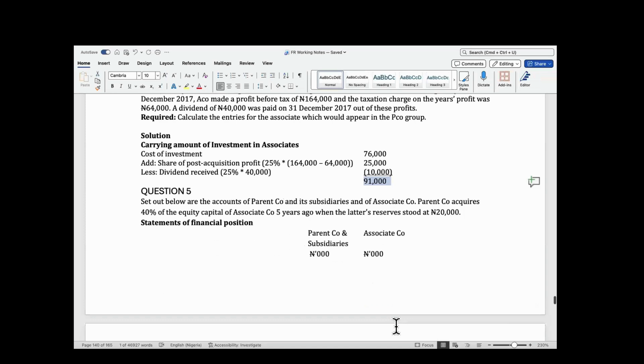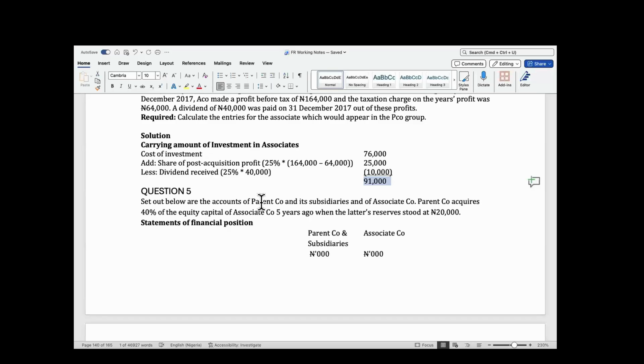Another question. It says, set out below are the accounts of parent co and the subsidiaries and of associate co. It says parent co acquired 40% of the equity capital of associate co 5 years ago, when the latter's reserves stood at 20,000.